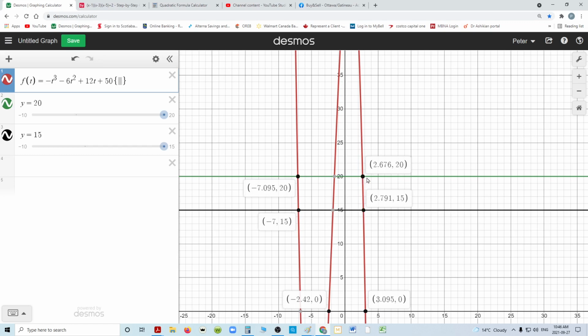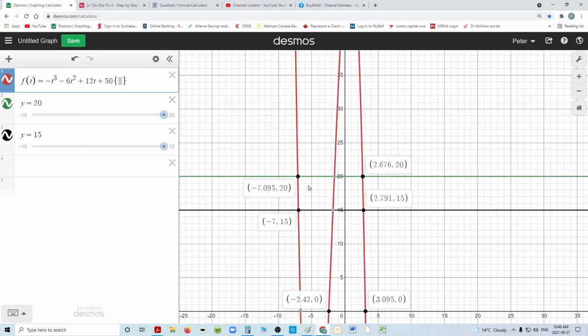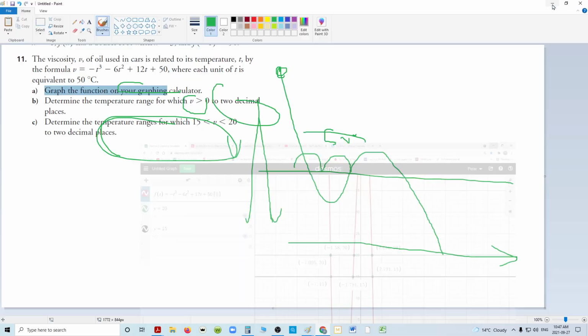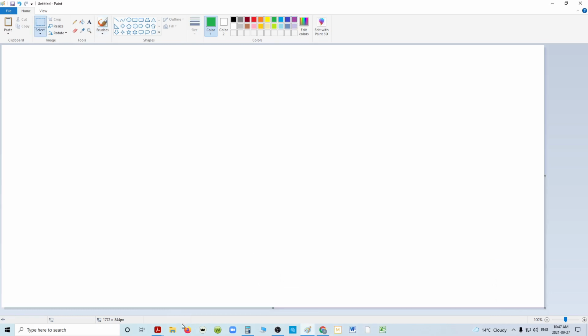So you'd really only care about everything to the right of 0 on the x-axis. And the book might even say that. But just looking at the graph, there's clearly 3 zones, when the viscosity falls between 15 and 20. And you can only determine that with a graphing calculator, unless they gave you a lot more information.